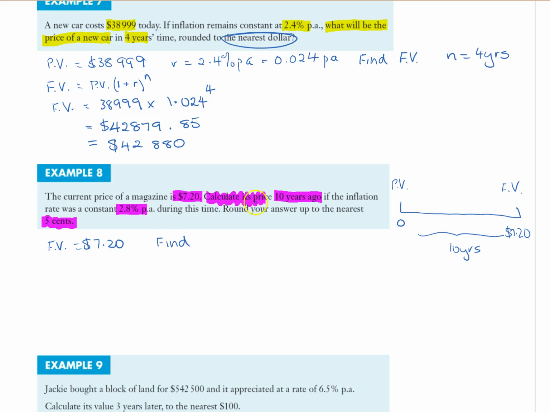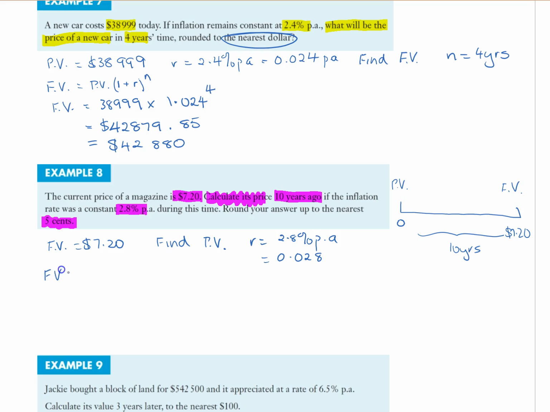Find its price 10 years ago, which would have been its present value, when the rate was 2.8% per annum, and we'll convert that to a decimal by moving the decimal point back 2 places, and round your answer to the nearest 5 cents.